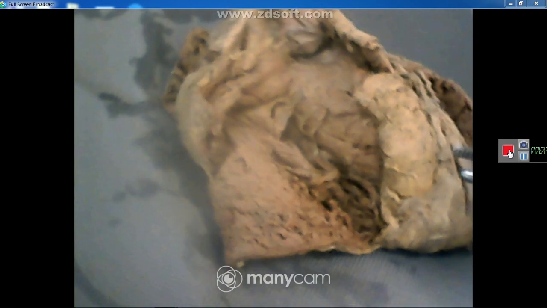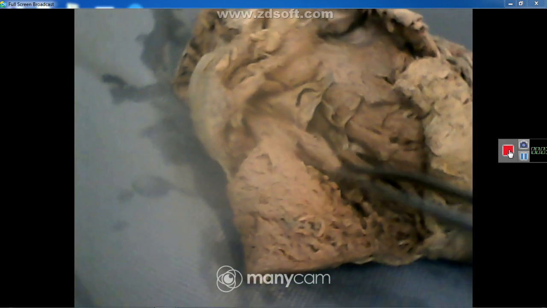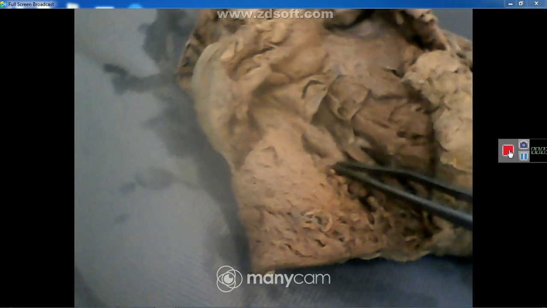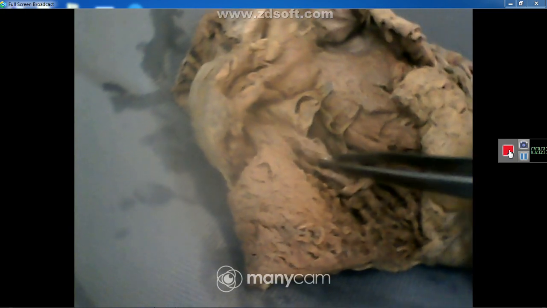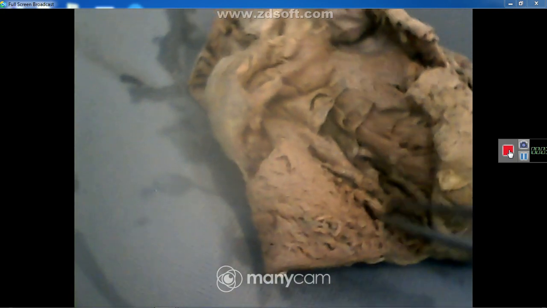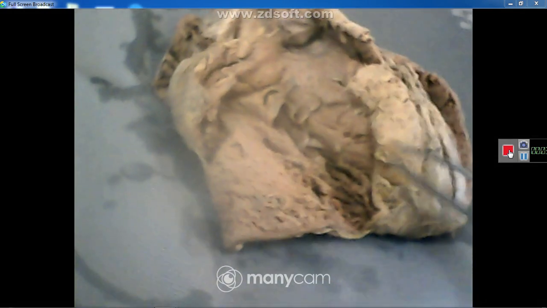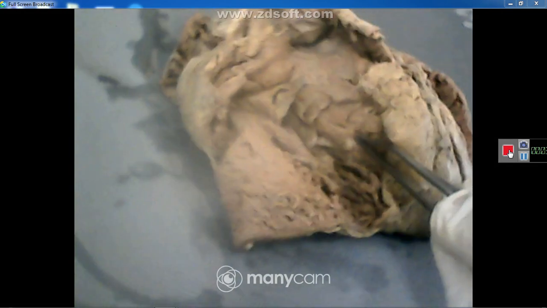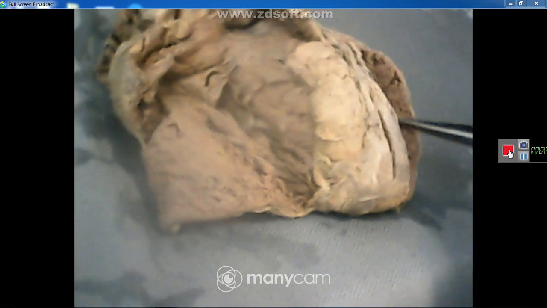Papillary muscles in the right ventricle are one anterior, attached to the anterior wall of the right ventricle, one posterior, attached to the posterior wall, and there are many small papillary muscles which are septal papillary muscles, because they attach to the septum between the right ventricle and the left ventricle.